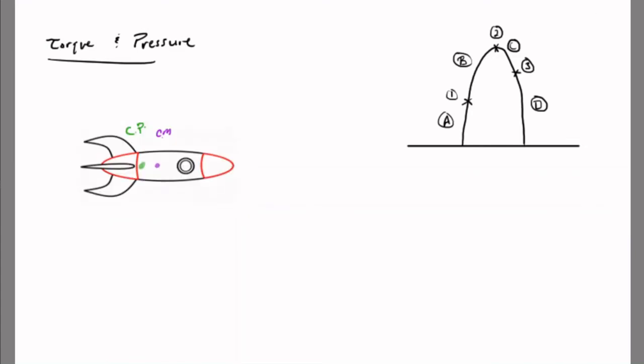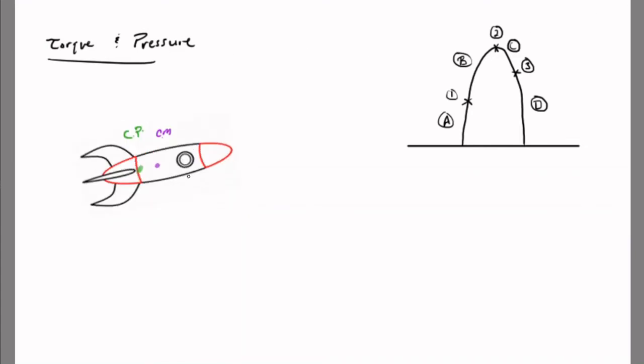So let's take a look at how that's a torque. When we're talking about torque, we're talking about the application of force that's causing something to rotate. So if I put this force on the center of pressure here, pulling this way, because that's the direction the wind is traveling, I'll call this drag.